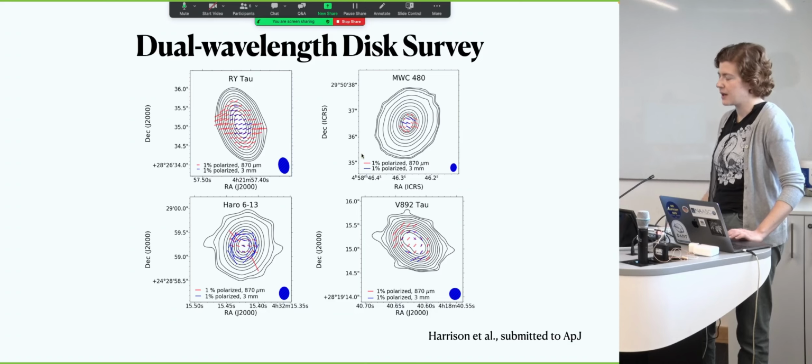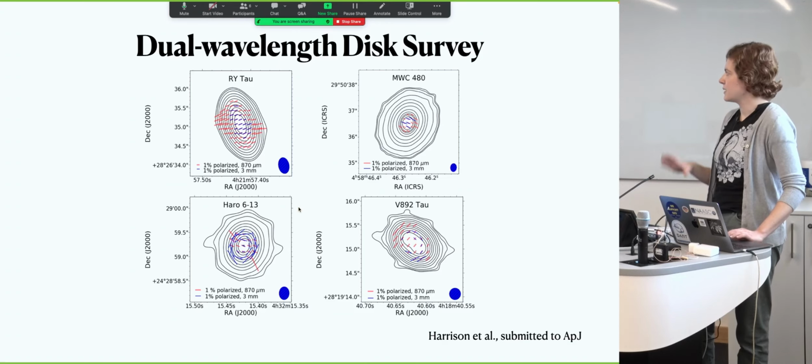So in these images, the black contours represent Stokes I at 870 microns. The red vectors represent the direction of polarization at 870 microns, and the blue vectors represent the direction of polarization at 3 millimeters.